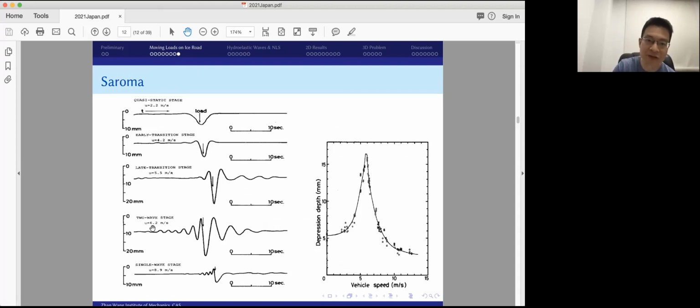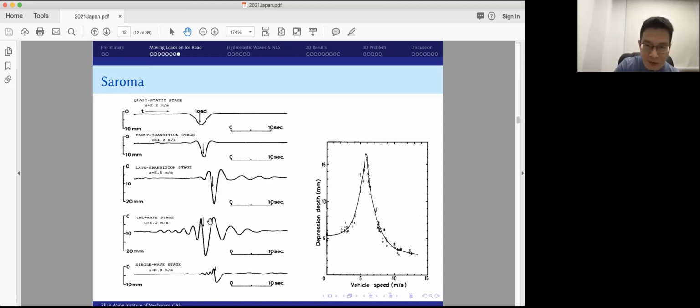But after 6.1, as the speed increases, the amplitude decreases very quickly. So this figure shows clearly the amplitude versus the speed. You will see there's a critical speed 6.1, where the amplitude reaches maximum. And after that, the amplitude decreases.